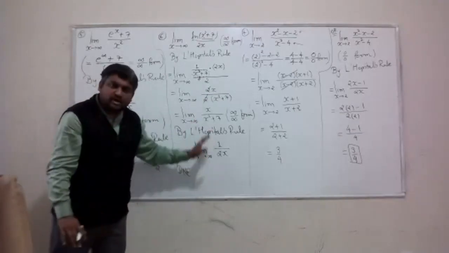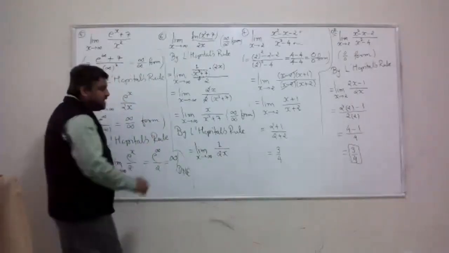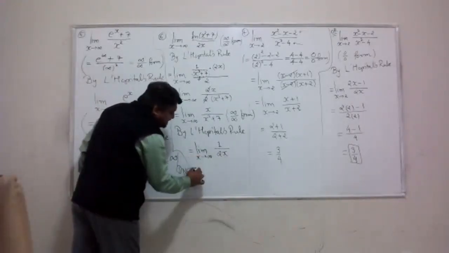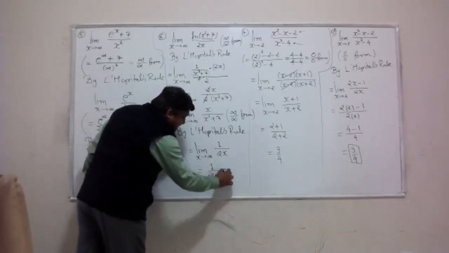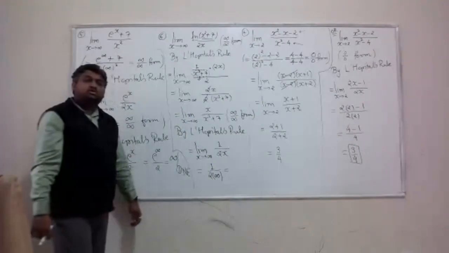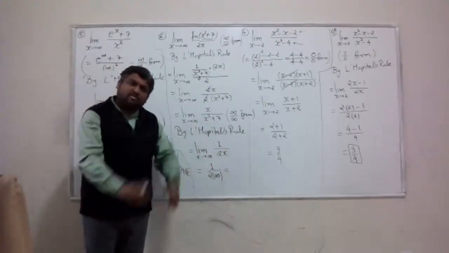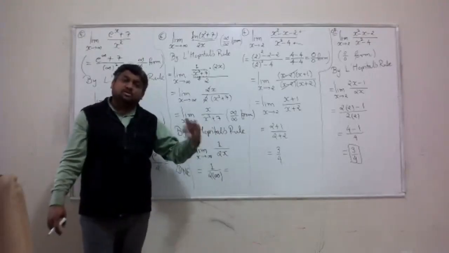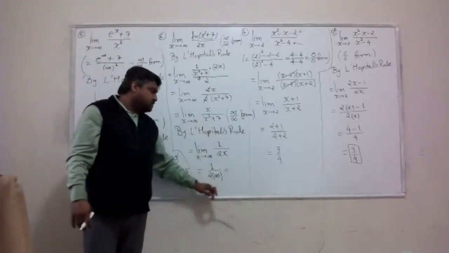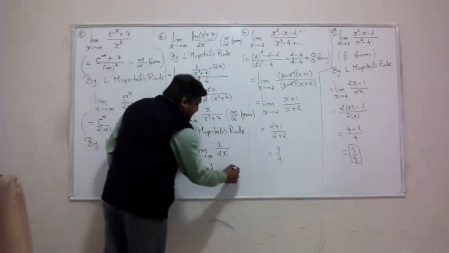This is no longer an indeterminate form anymore, right? So all I have to do is plug x equal to infinity. Look, I am attempting to divide 1 by a huge quantity. When you divide any number by a huge quantity, the result will be closer and closer to 0. In case of the denominator being the symbol, you will hit 0.